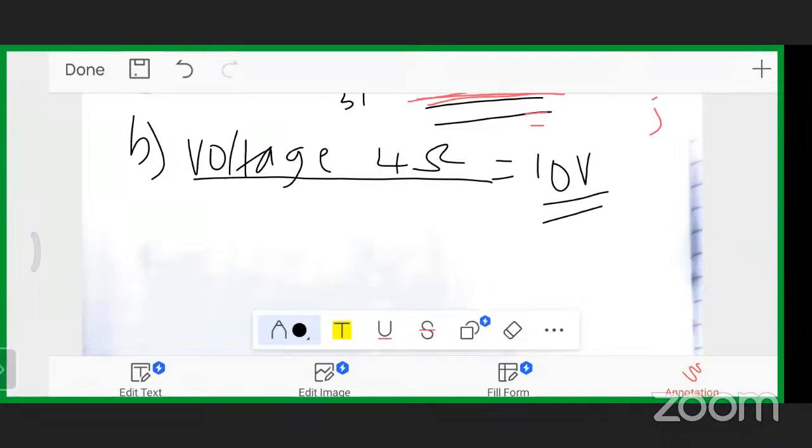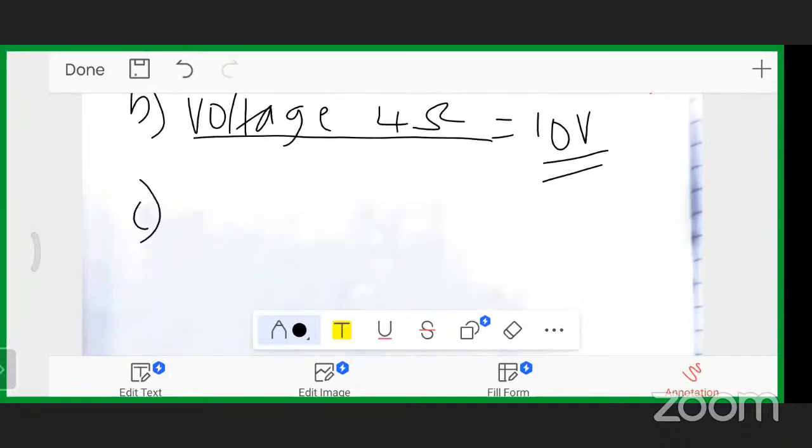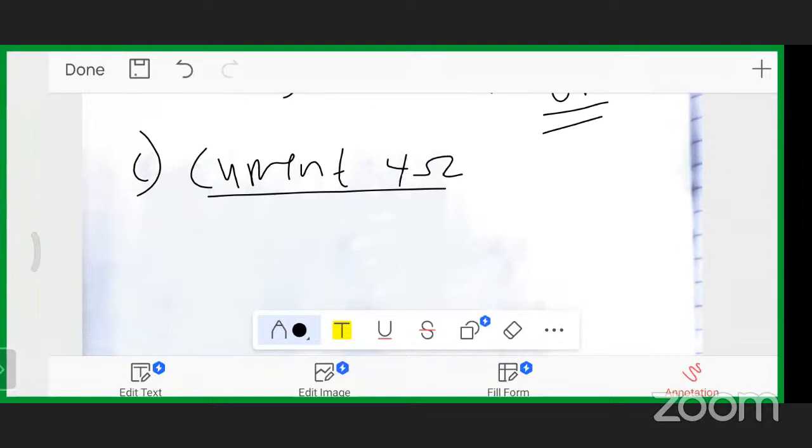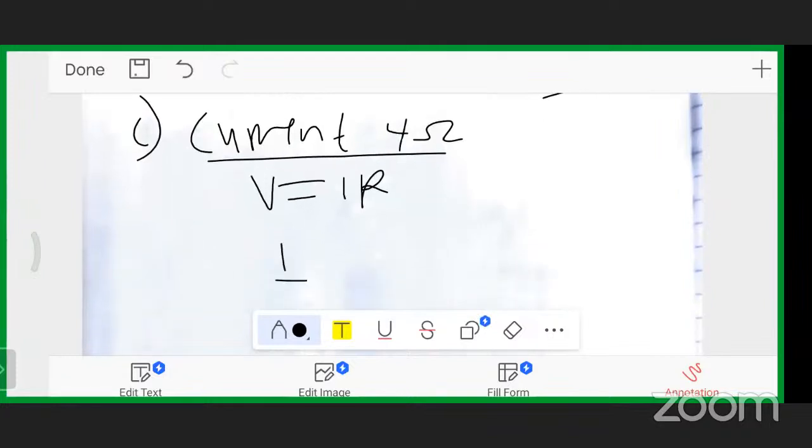So what about the current? Of course, now the current passing through the 4 ohm resistor. For the current, you have to calculate it because the currents will be different. So from Ohm's law, V is equal to IR. The current I is given as the voltage drop across that resistor divided by the resistance of that resistor.